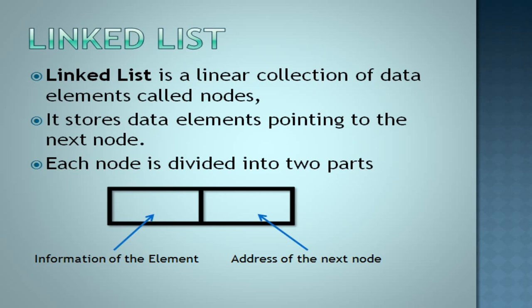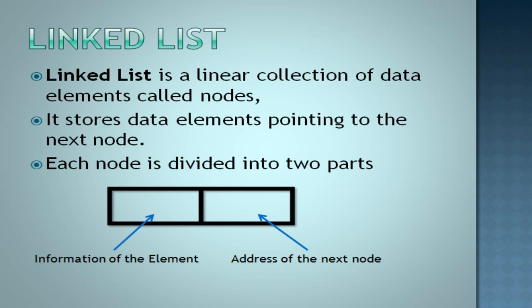Here you are not going to create, like arrays, a maximum of 10 elements or 15 elements or 20 elements. Here you are going to create one by one. That means you can always increase or decrease the linked list size.